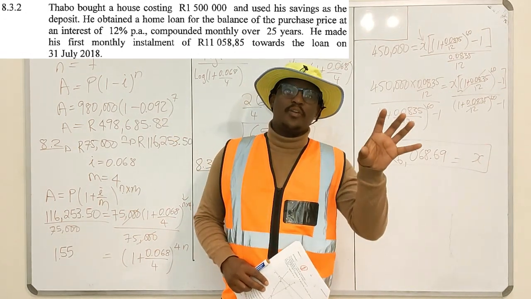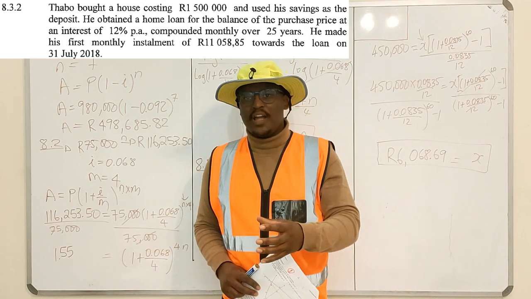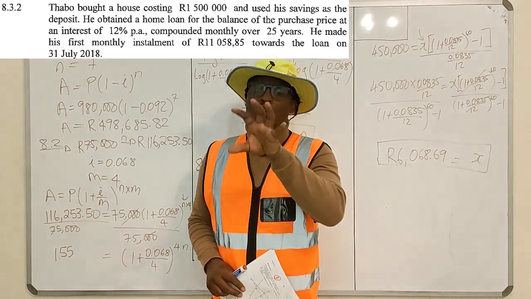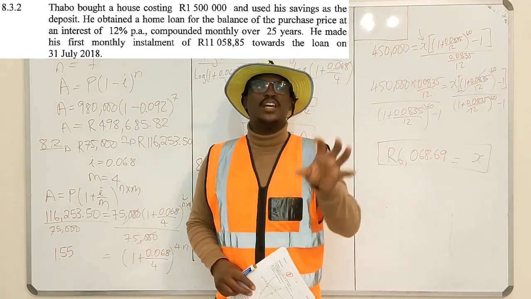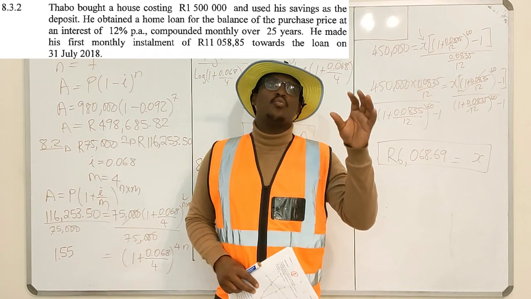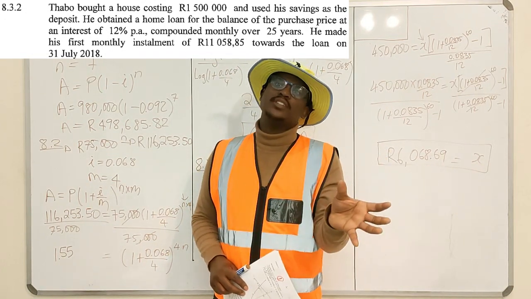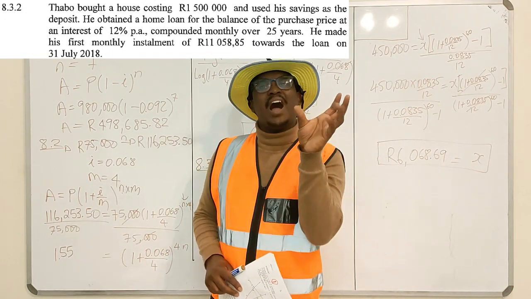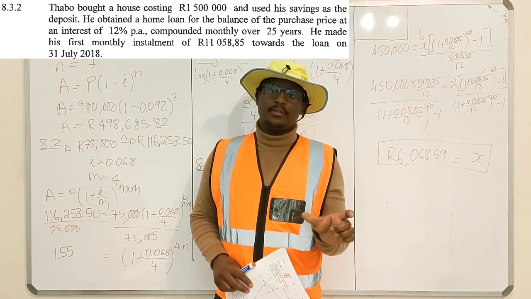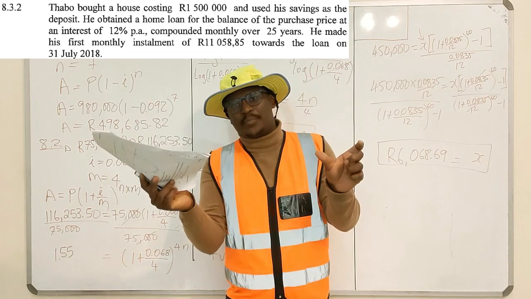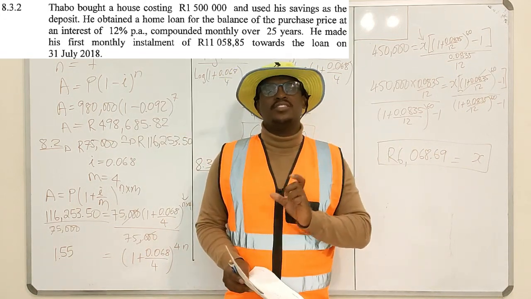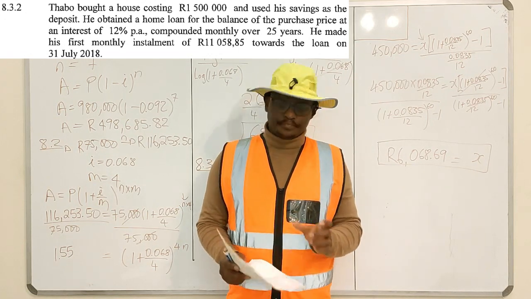So the amount that he will take out as a loan will be the difference of the two: for that 1.5 million, remove 450,000. Then you will be left with 1,050,000, right? That is the amount that he will take out as a loan from the bank. So it's that difference between his deposit and the cost of the house.